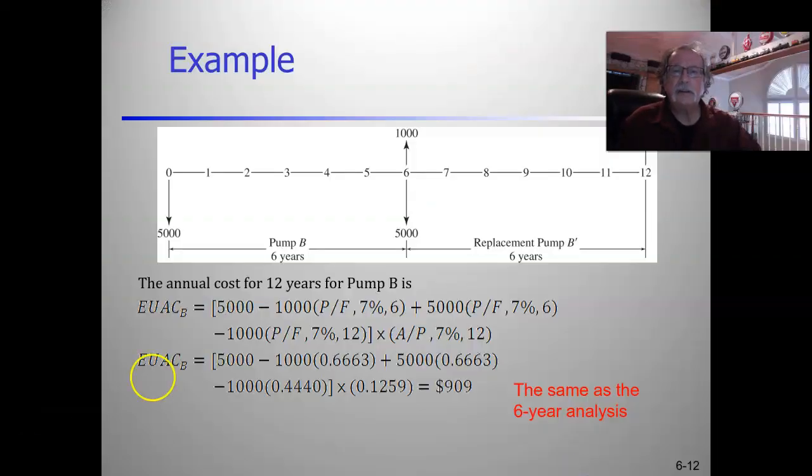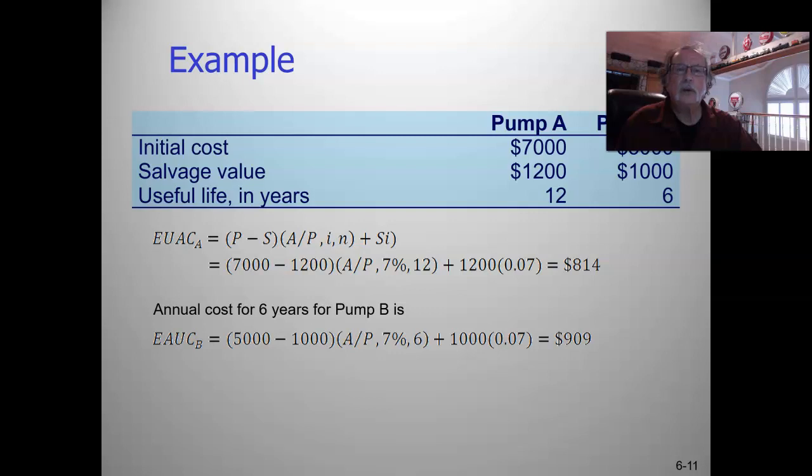Now this example here is where we're going to analyze two pumps, A and B, with unequal lives. So if we look at pump A, it has a 12-year life, and pump B, it has a 6-year life.